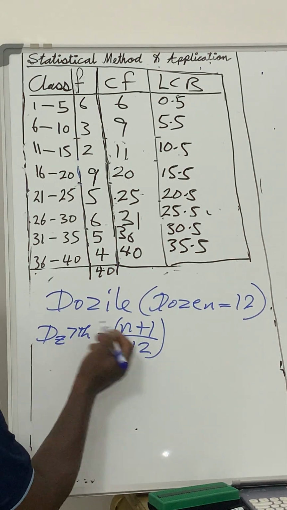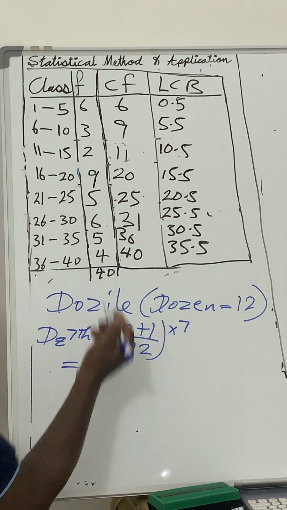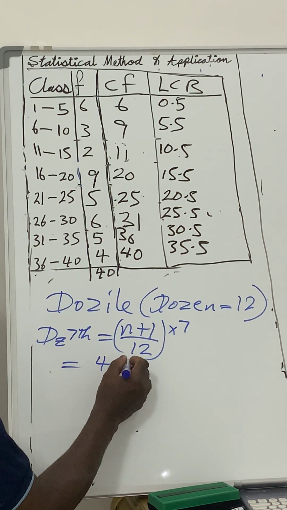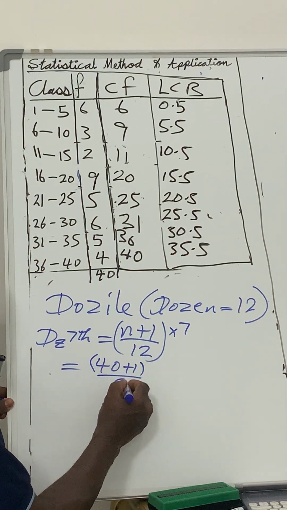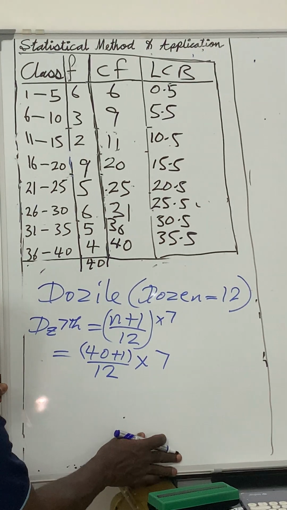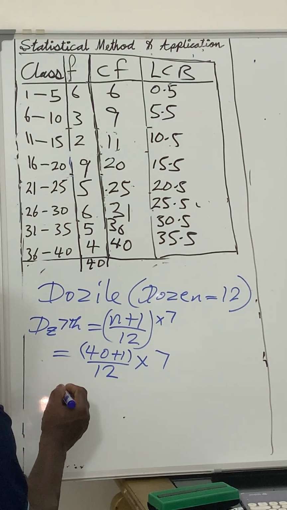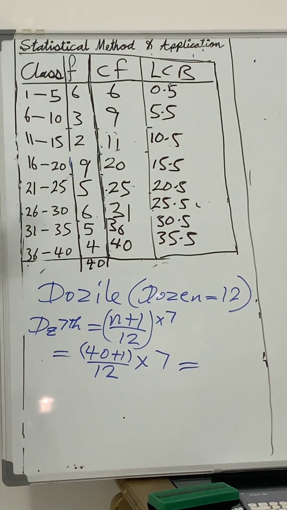Then since you are talking of 7, you multiply it by 7. What is our summation here is 40 plus 1 divided by 12 multiplied by 7. So that's the position. We can use our calculator to get the answer here.